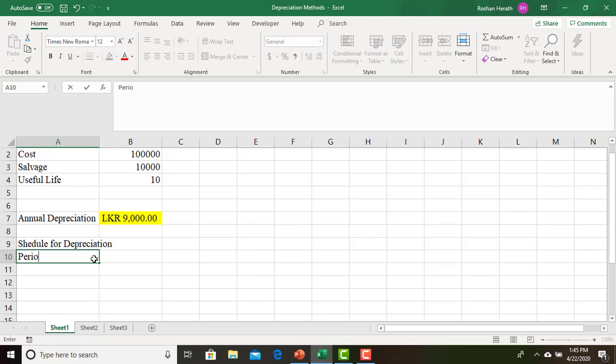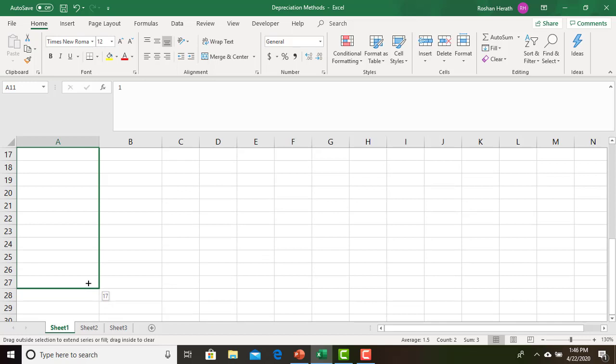So it is important. That is the years, year 1 to 10. You may take that from year 1 to 10 and drag it. So it is good enough to take up until 10.